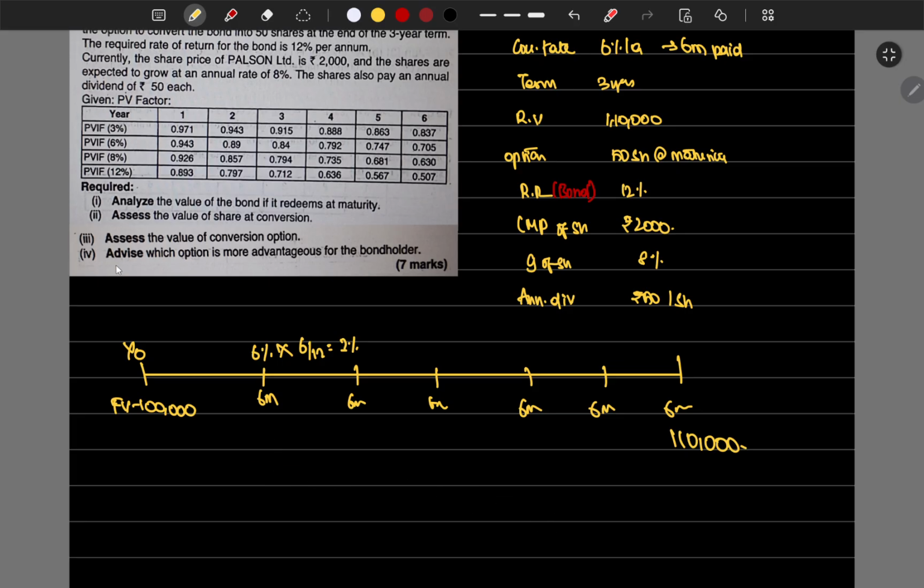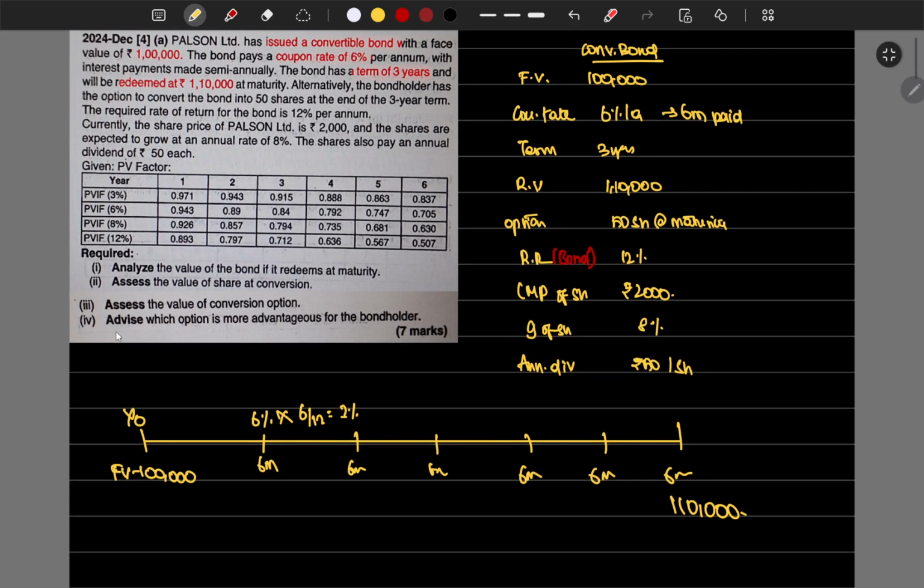Also, at the third year term we can convert the bonds into 50 shares. So we have to check which one, share or bond, is giving a higher value, and opt for that.